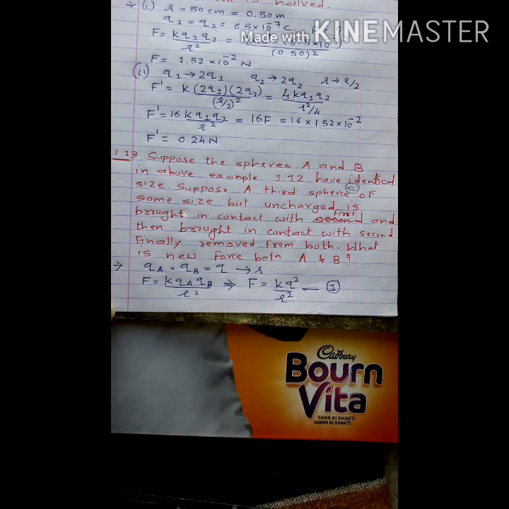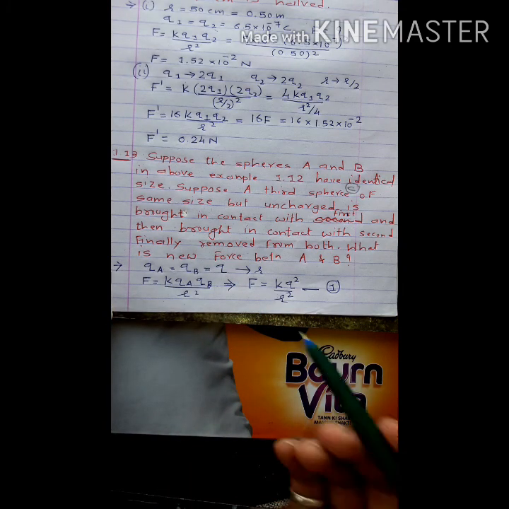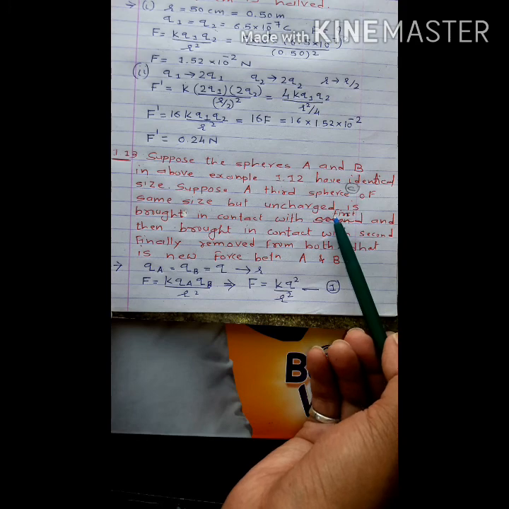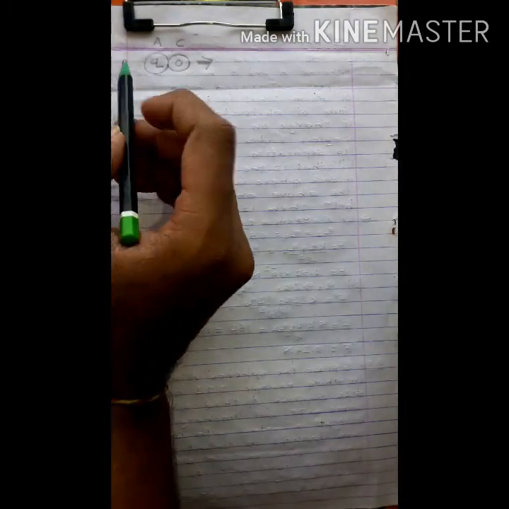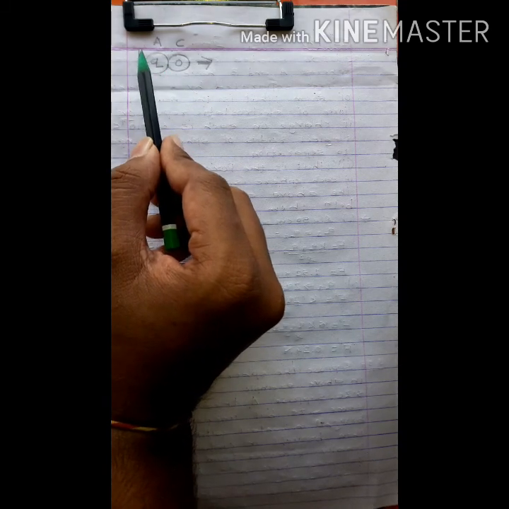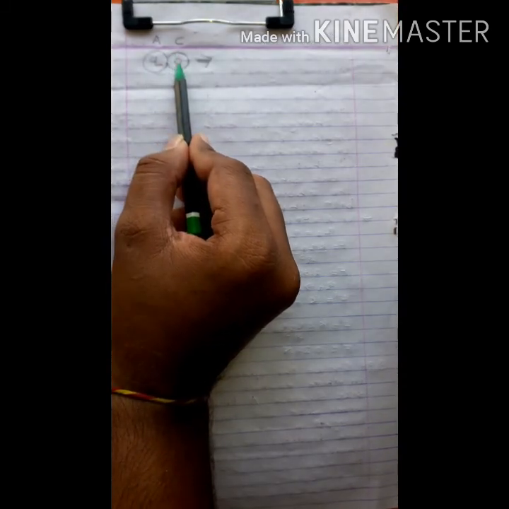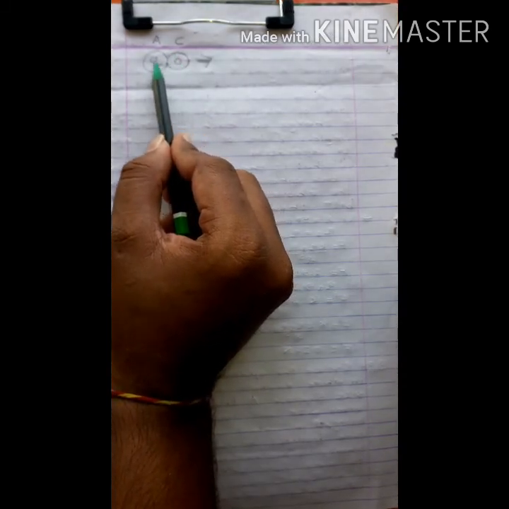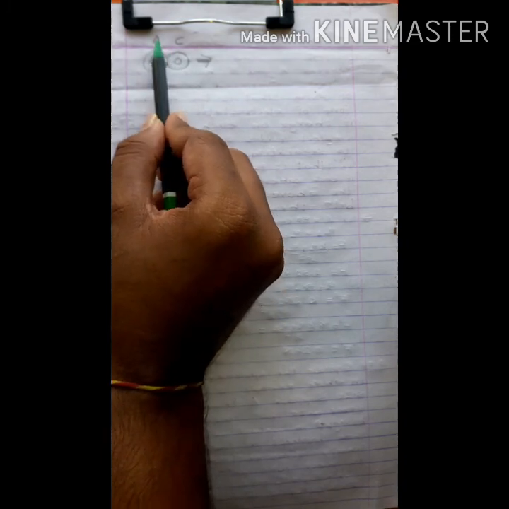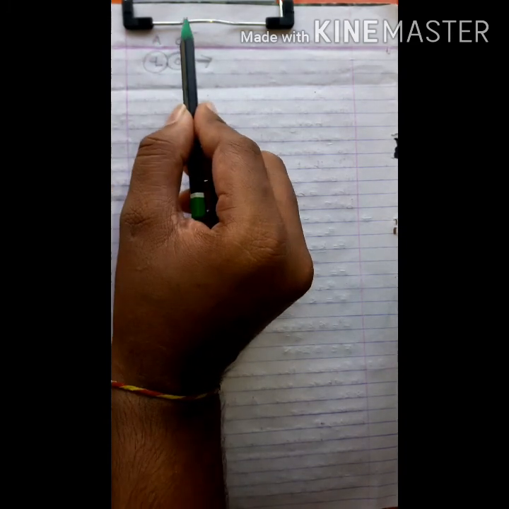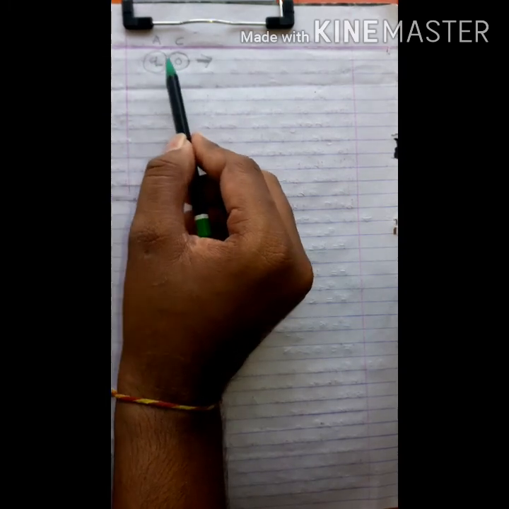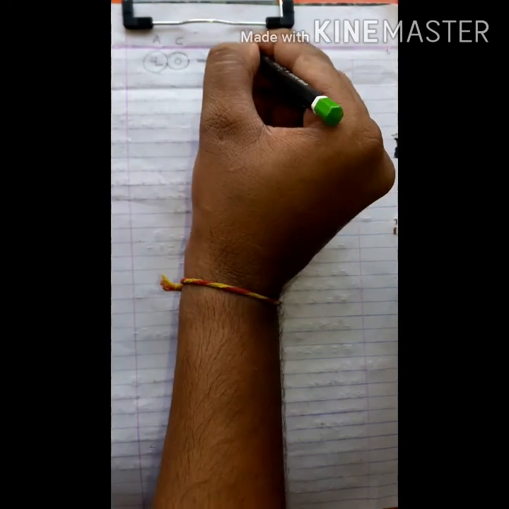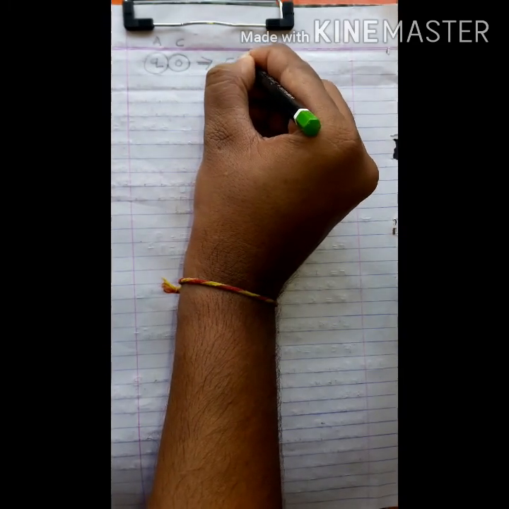So here we consider the contact method of C with A and C with B. Now here we consider contact of the third uncharged sphere C with sphere A. Here the charge on sphere A is Q and the charge on sphere C is 0. So whenever we remove this contact, the charge on both spheres becomes equal.